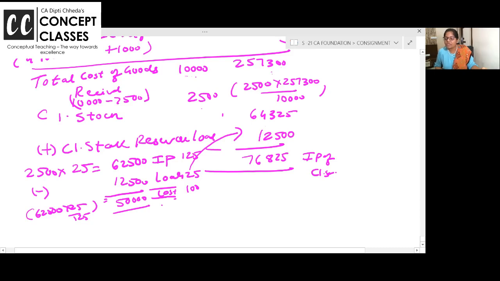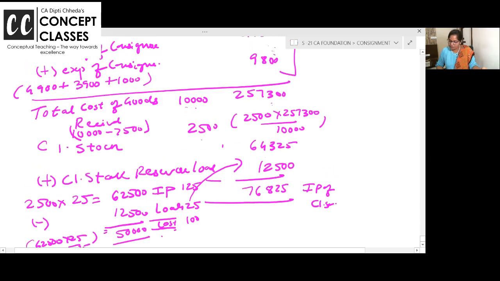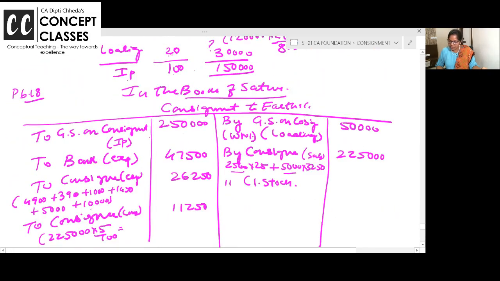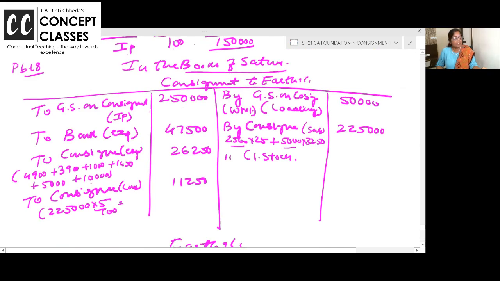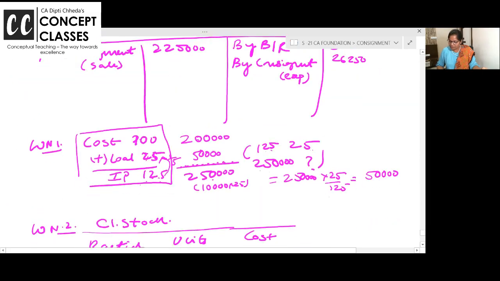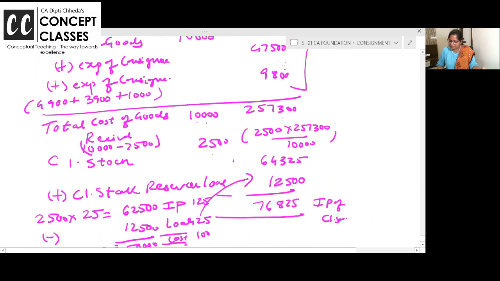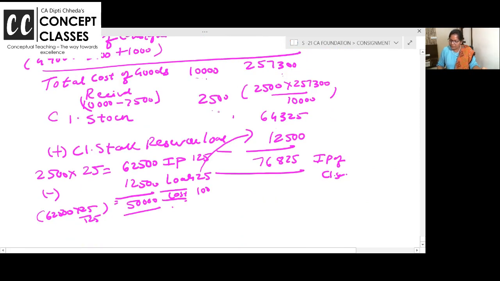10,000 goods are sent at 25. 25 is the invoice price. Because here we have taken 2,50,000 as the goods sent and 50,000 as loading. So this is already including. 10,000 का cost itna, so 2,500 का kitna.